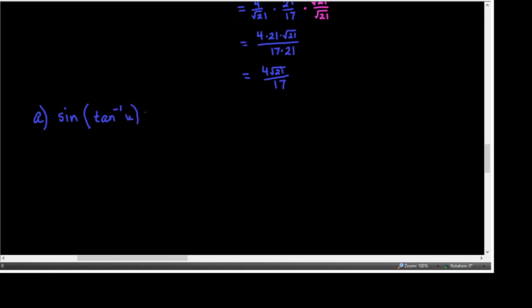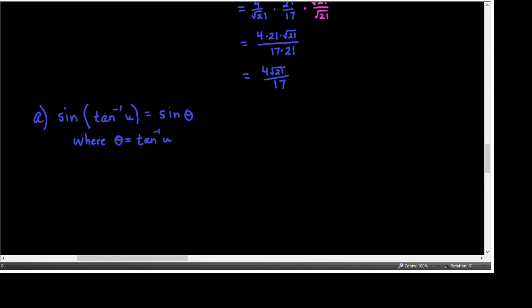We're going to treat this the same way we have been treating, except for instead of a number being in that spot, we have a u there. So I'm going to take out the inverse trig function and in its place put theta, where, taking note of what I've done, theta has replaced tangent inverse of u.